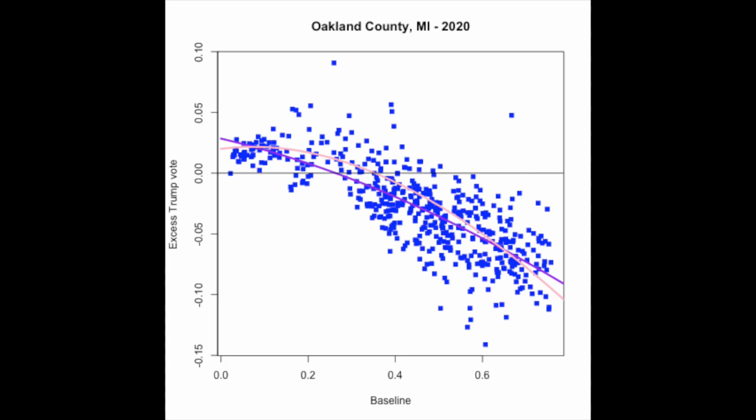Anyway, I would say that this fits about as well as, or even better than, the lines he's drawing on there. If you are really married to the idea that there needs to be this flat part in the beginning followed by this descending part, by hand I just kind of fit this. This isn't an official fit or anything, but I found some parameters for the model that I have described that give that shape as well.